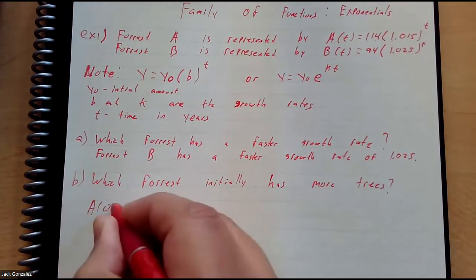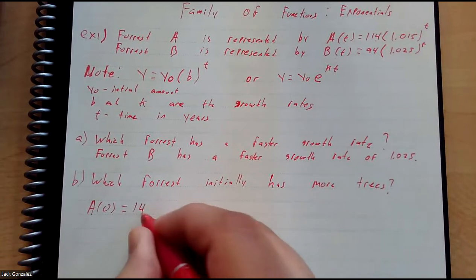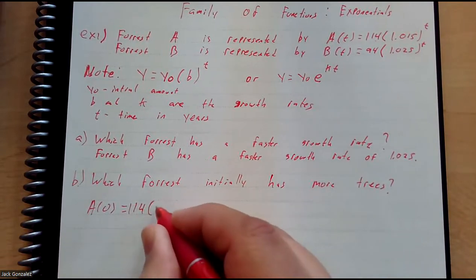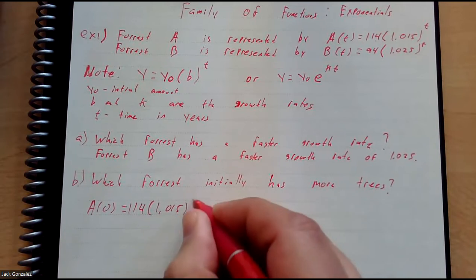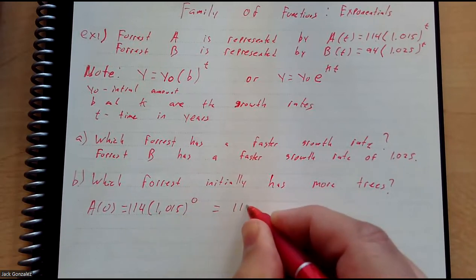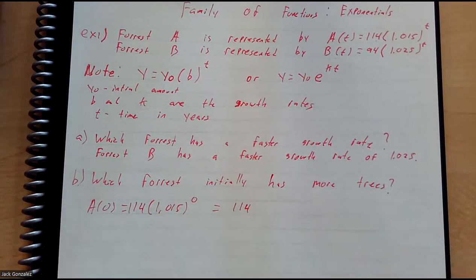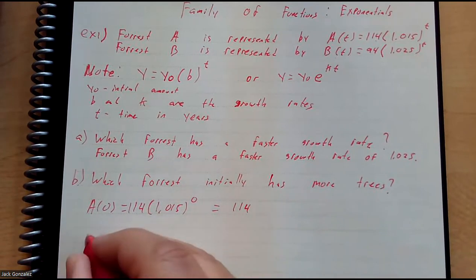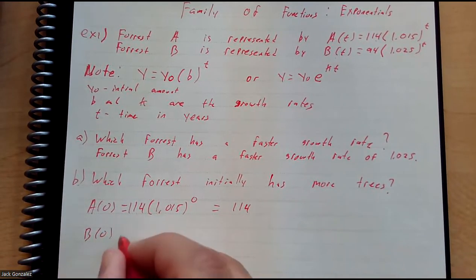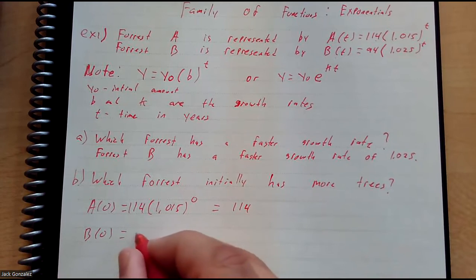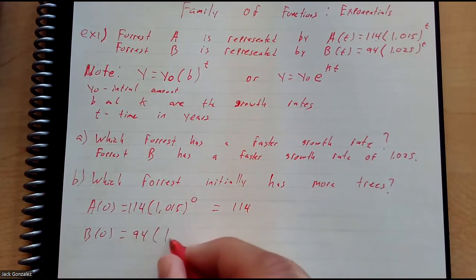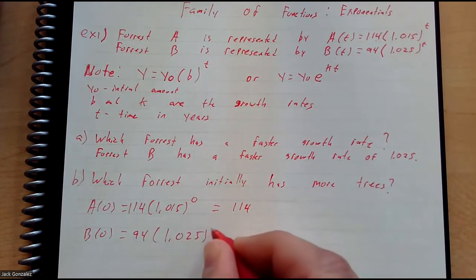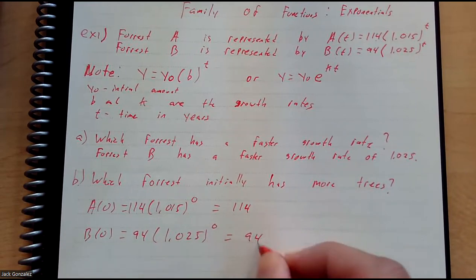So A of 0 is 114 times 1.015 to the 0, which is 114. B of 0 would be 94 times 1.025 to the 0, which is 94.